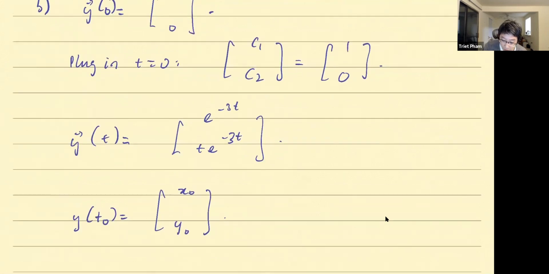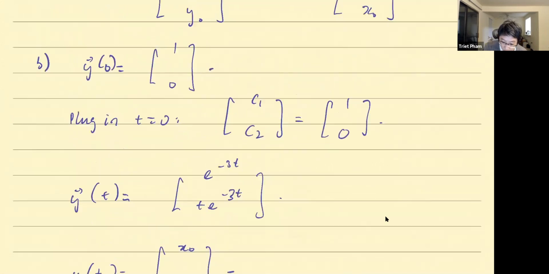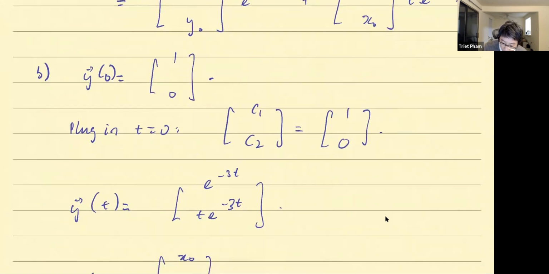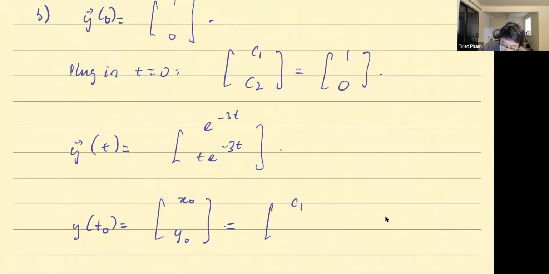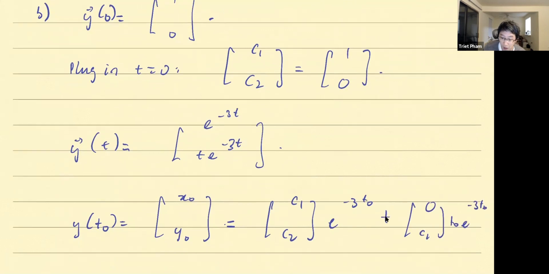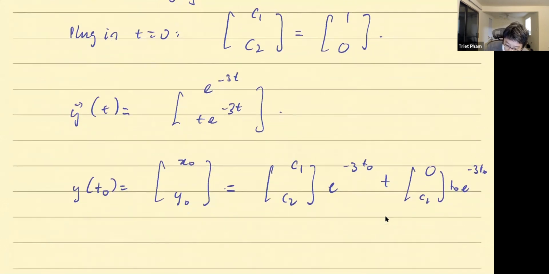But of course, what is this then? If you check, it'll be c1 c2 e to minus 3 t naught plus 0 c1 t naught e to minus 3 t naught. Or you get a system. You got c1 e to minus 3 t naught plus 0.